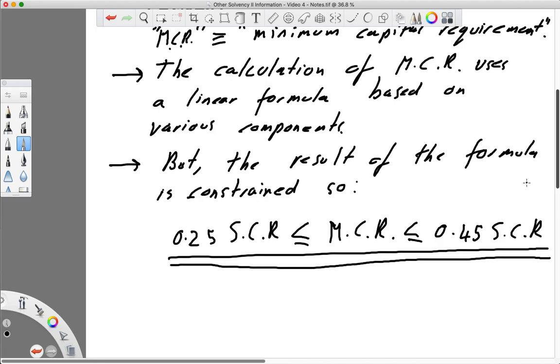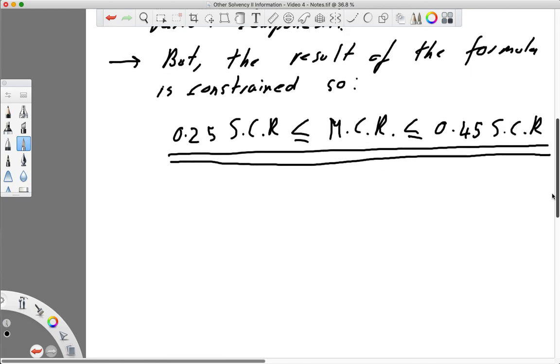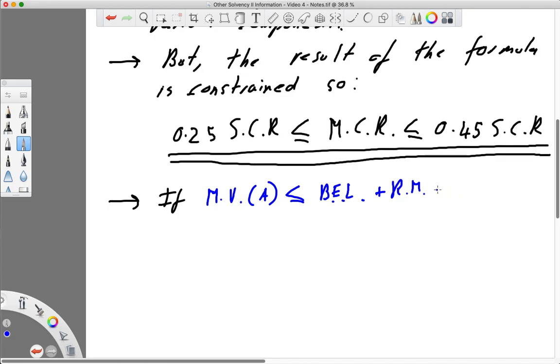Why is this relevant? Because it affects what the regulator does if your asset values fall. So if, let's put this in blue, market value of assets is less than or equal to, I'll write this as BEL plus the risk margin plus SCR.